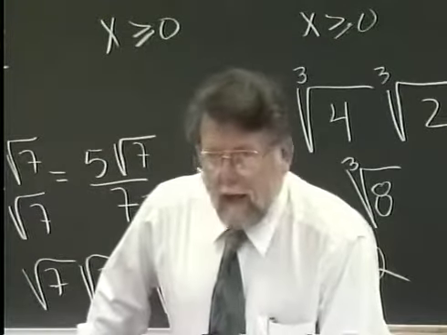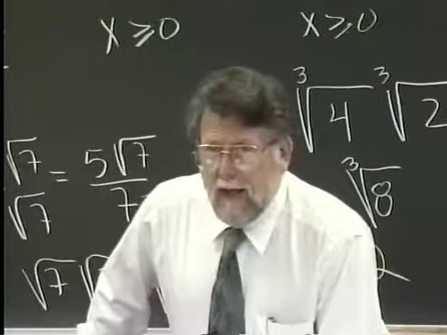Okay, coming off there, what about variables? If we want to simplify something that has a variable in it. So I'm going to look at a couple examples. These are now on page 534.